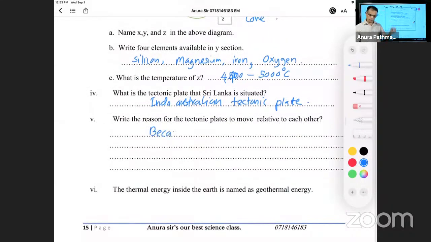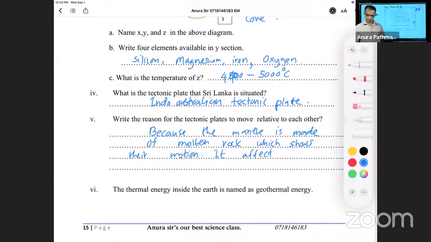Because the mantle is made of molten rock, which shows their motion. It affects the tectonic plates.